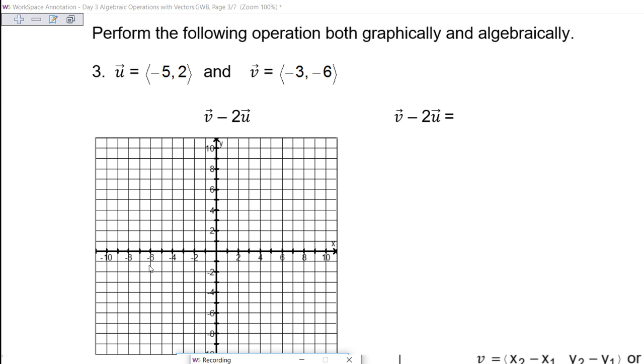So let me go ahead and plot those two vectors in component form. So vector u, again, the initial point is at the origin because it's in component form. And the terminal point is at negative 5, 2. And this is vector u.